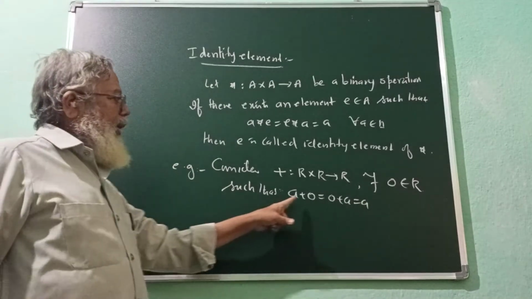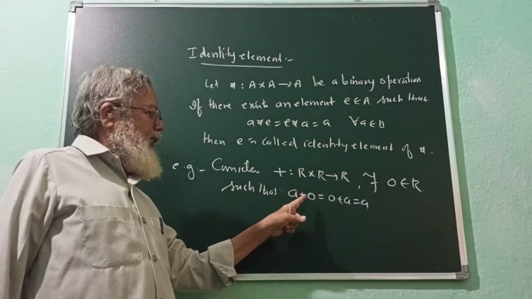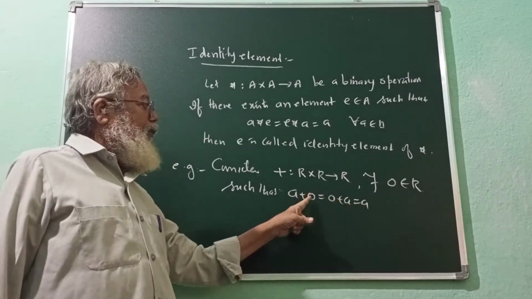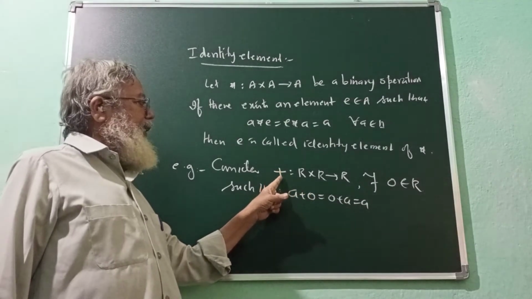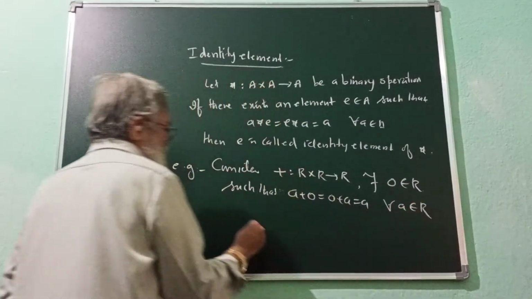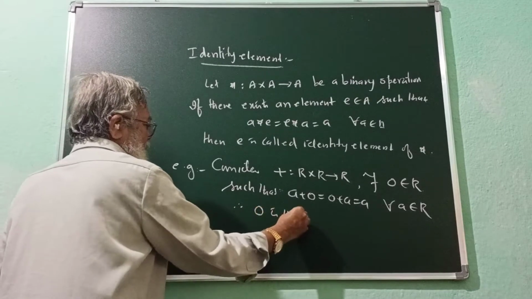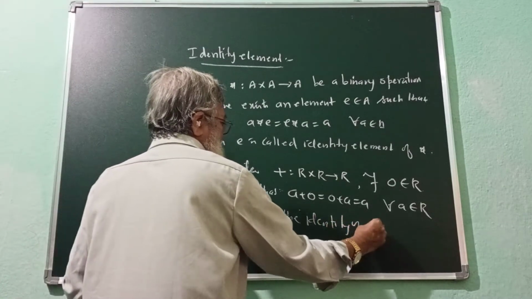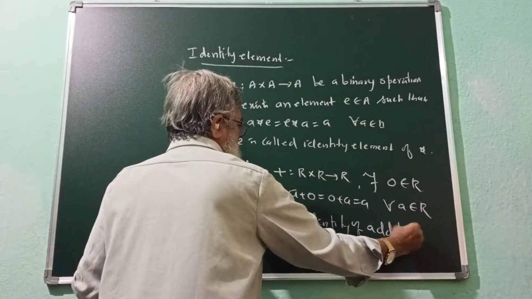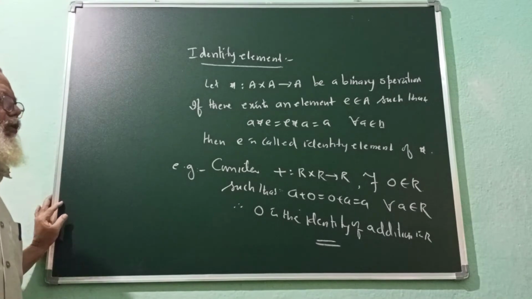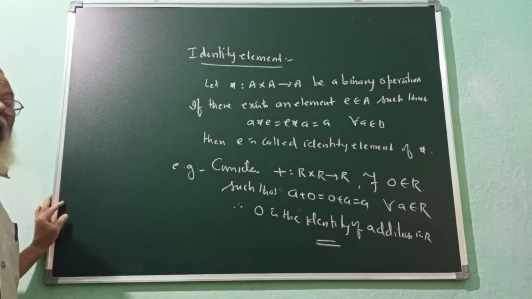Our binary operation is plus here, and adding the element 0 to any element does not change it. Therefore 0 is the identity of addition in R for every a belonging to R. 0 is also called the additive identity, that is, the identity under addition.